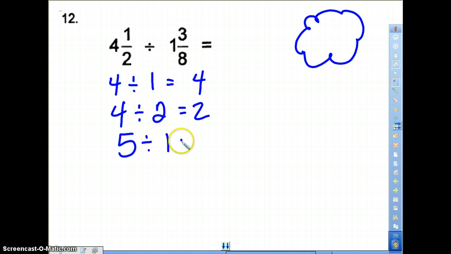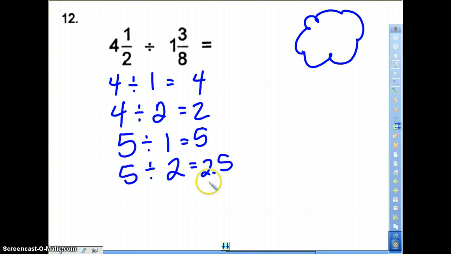I get 5. What if I call this 5 divided by, round that up and call it 2? I get 2.5. All right? So my high is 5 and my low is 2. I'm going to predict my answer somewhere at about 4, roughly about 4.